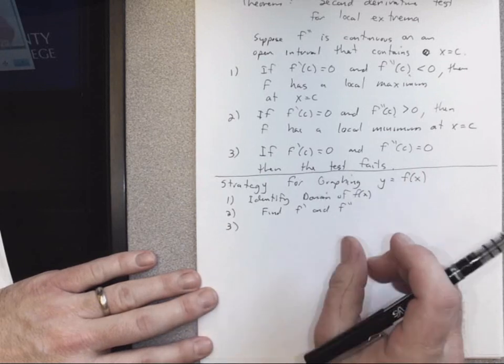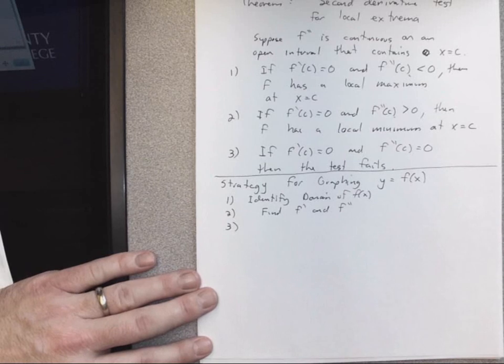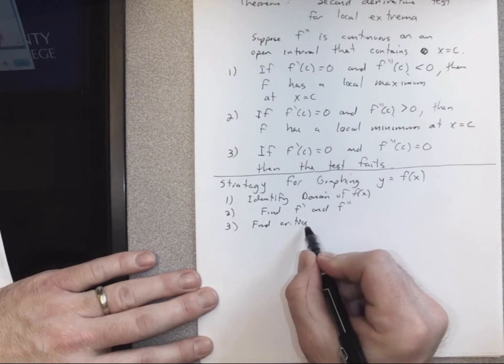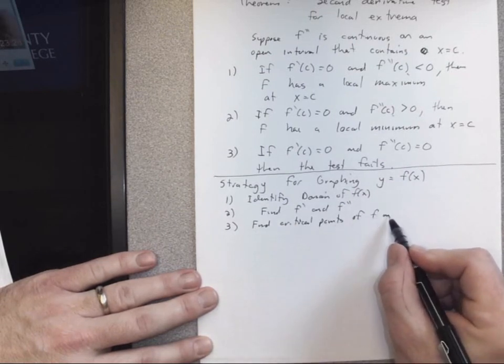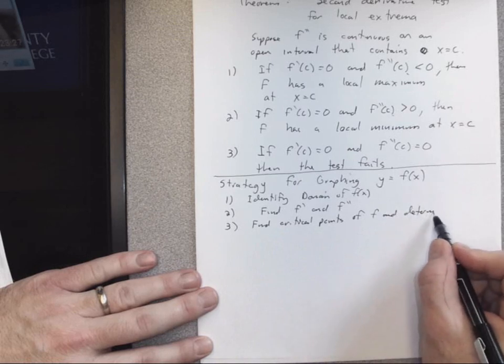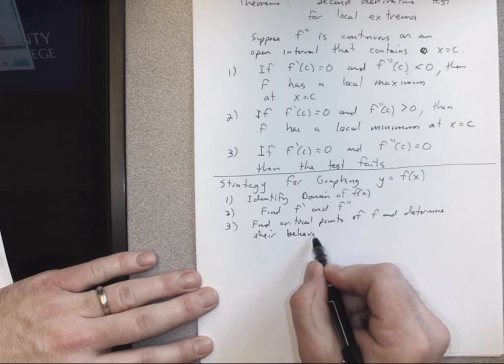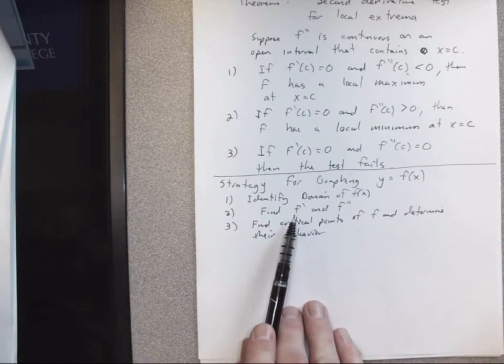Three, we're going to find the critical points of f and determine the behavior at each. What they mean by this is when you find the critical points, it's where the first derivative is equal to 0 or undefined.